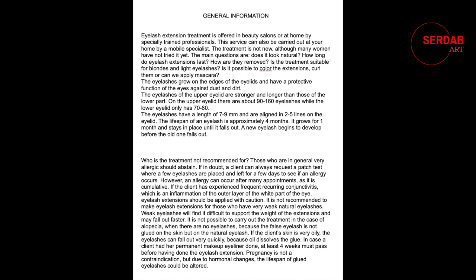You can actually glue the lower eyelashes as well, but normally it's not very common. The eyelash must be placed around 1 millimeter or less, like 0.5 millimeter, away from the skin. And the retouch is done in around 3 weeks.